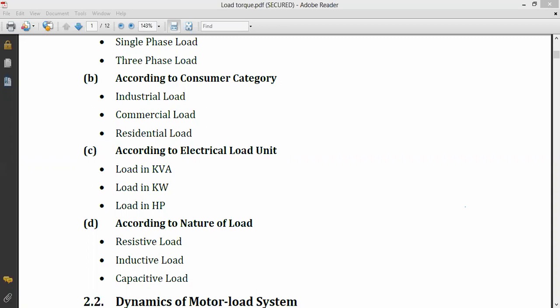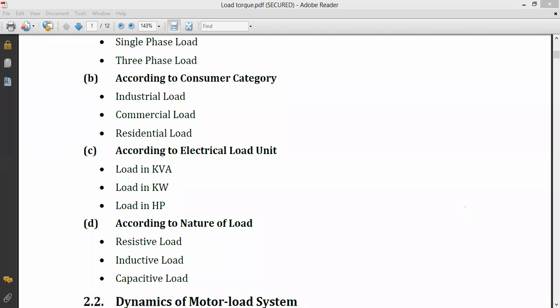Generally, industrial load as well as commercial load are 3-phase loads, whereas household loads are basically the residential load, and these are single phase loads. So accordingly, depending on the service required, we classify the loads as industrial, commercial, as well as residential load.